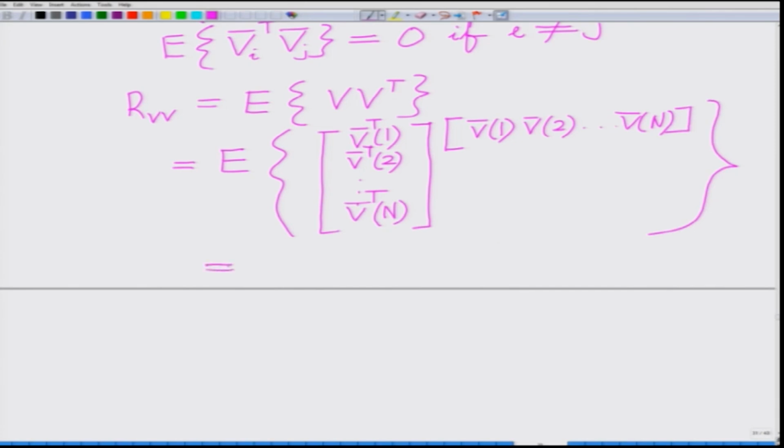The diagonal elements are all R sigma square, and the off diagonal elements are 0.